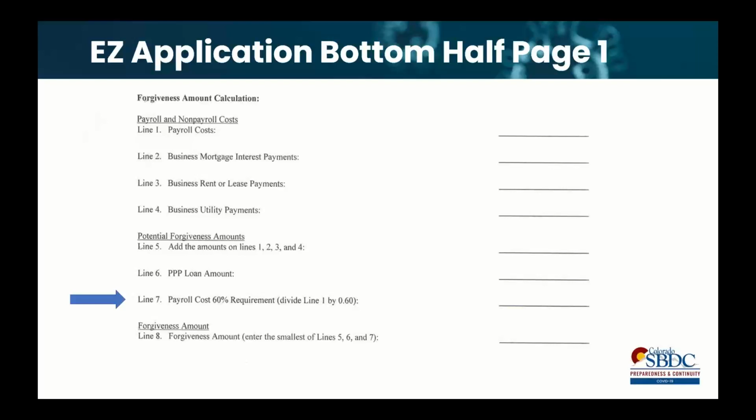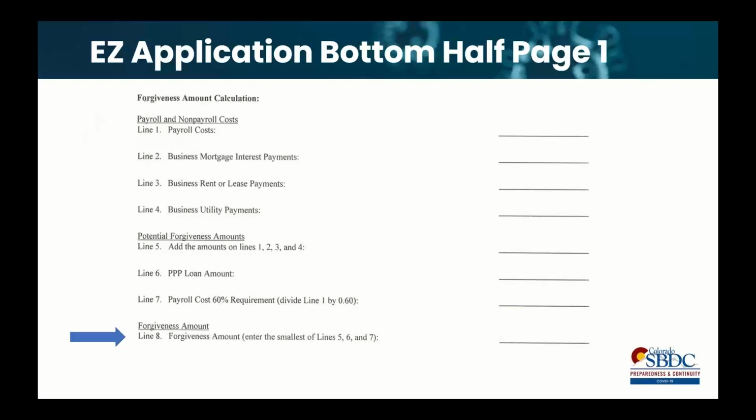Remember, it used to be 75%, but now it is 60%. Forgiveness amount, line 8. We enter the smallest of lines 5, 6, or 7. As long as we spent all of the PPP or more on allowed expenses and spend at least 60% of it on payroll cost, this will be line 6, the PPP loan amount.